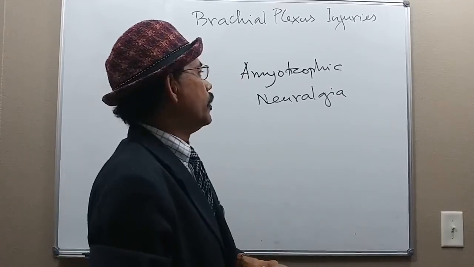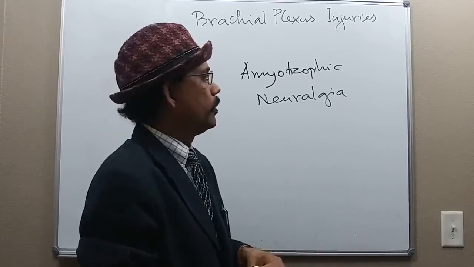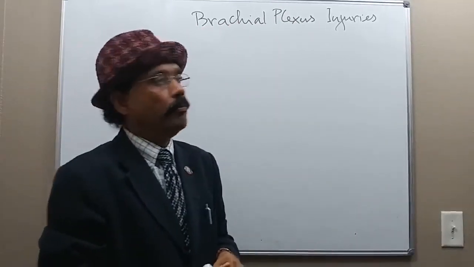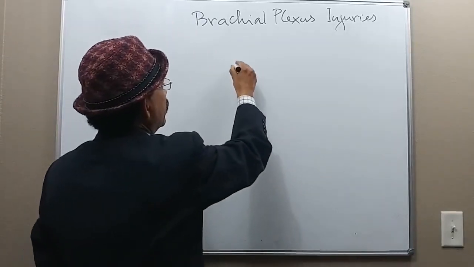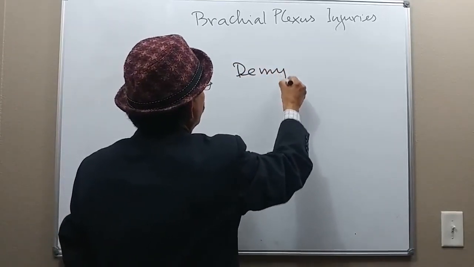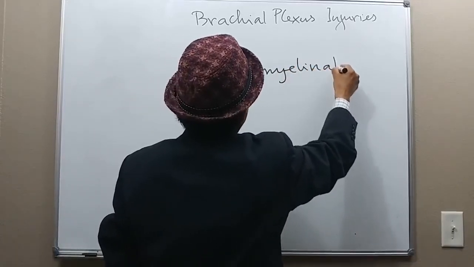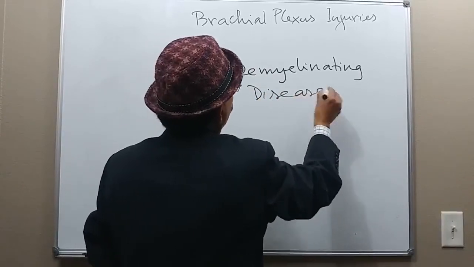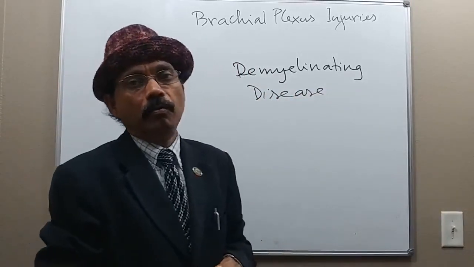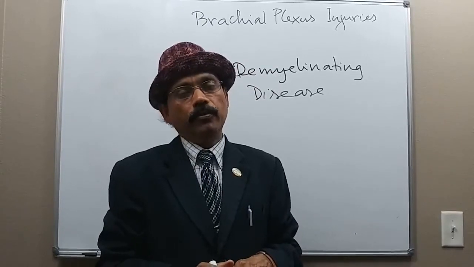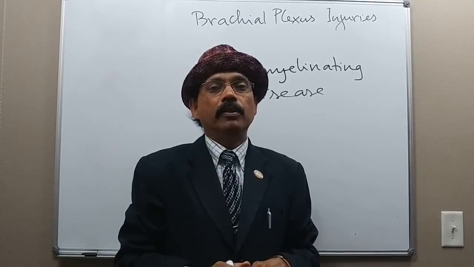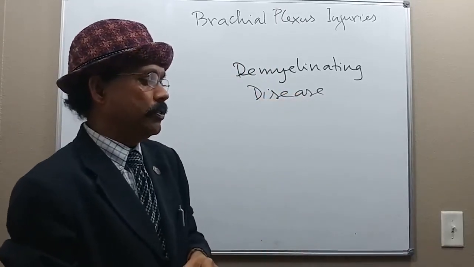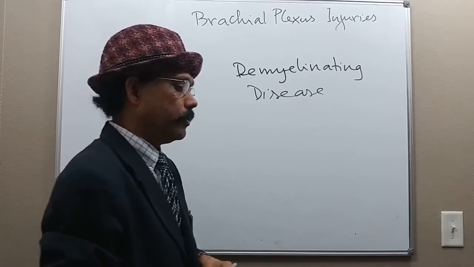In neuralgic amyotrophy, it may involve any nerve. Or the brachial plexus may be involved in demyelinating diseases. The nerves are made of axons, they are myelinated, so nerves will not function if we have demyelinating disease of the brachial plexus.